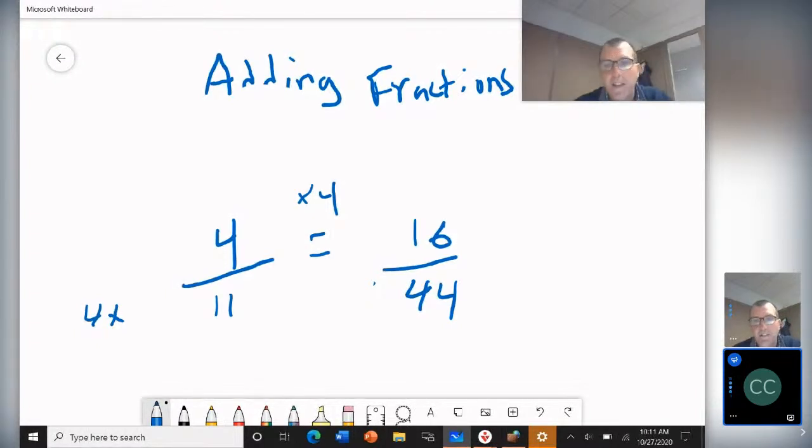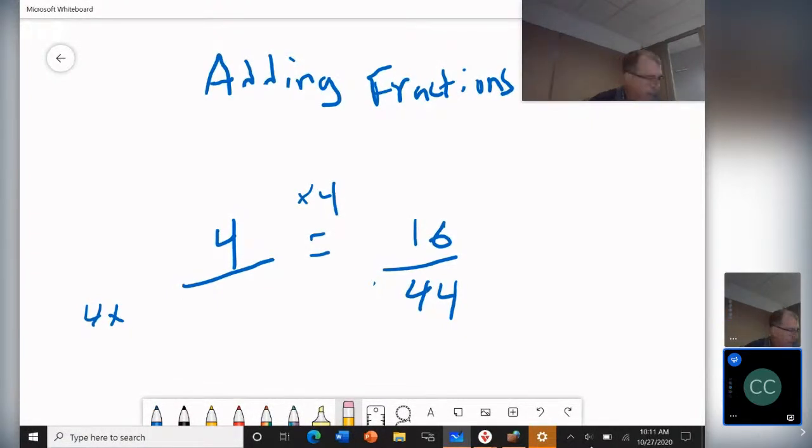You're just applying the exact same principle, because we know 4 times 4 equals 16. Over here, this was blank, so 4 times what equals 44? It's going to be 11. Sometimes you might get a question where it has a blank. And we'll do one more, just so you get the idea.